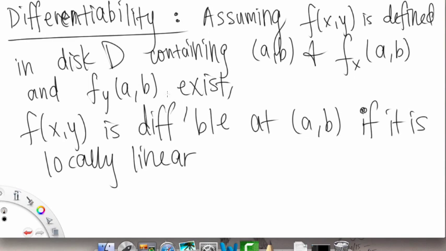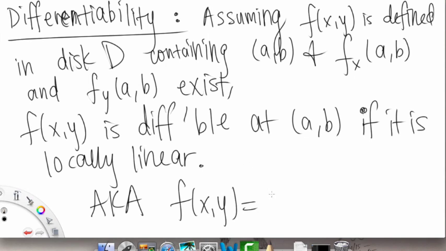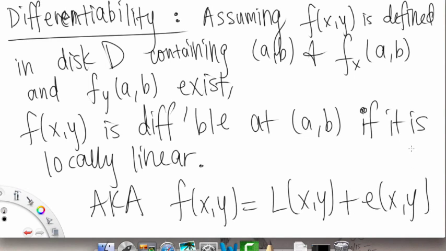In another sense, this basically means that f of x y is equal to the linear approximation plus the error. This is a rewritten form of the other way where we had the error by itself and subtracted the linear approximation from our function.